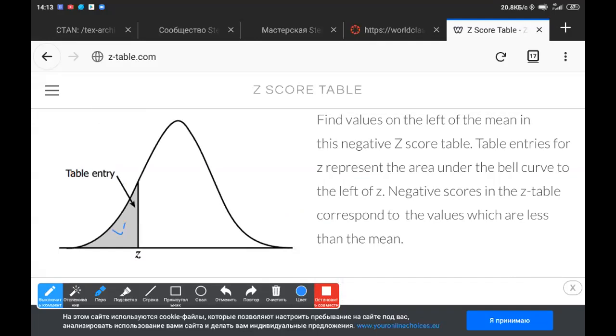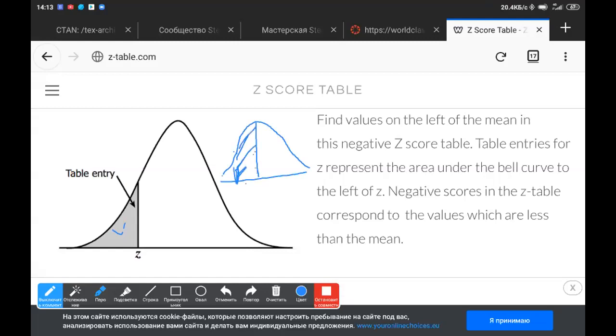And if you take a book by Mr. Lind and go to the appendix, there is also a Z table, but the numbers are different if you look at them. That's because Mr. Lind gives values not for the tail, but for this central part.